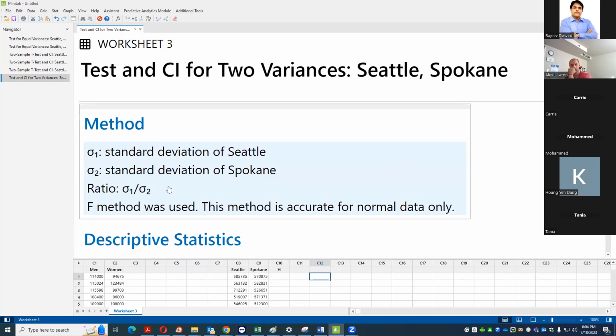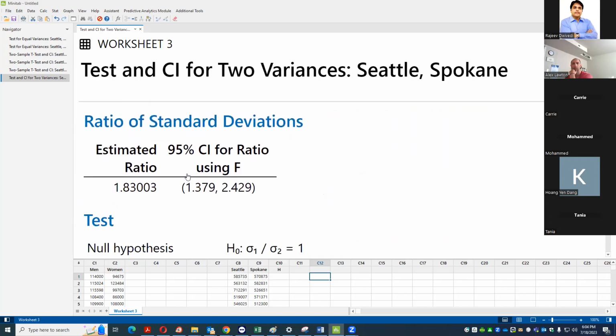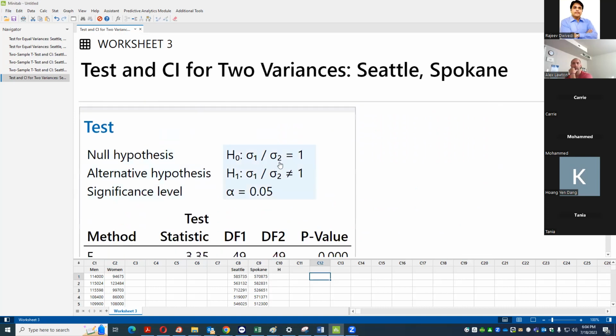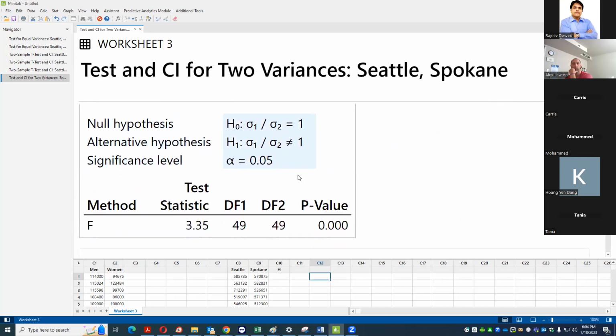If both are the same, it should be 1, otherwise not 1. So the null hypothesis is 1. We have already seen that these are not equal, their variance or standard deviation. Therefore the p-value is this, and you can see. So these are the 4 cases.